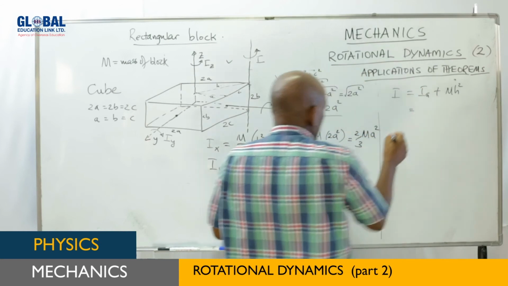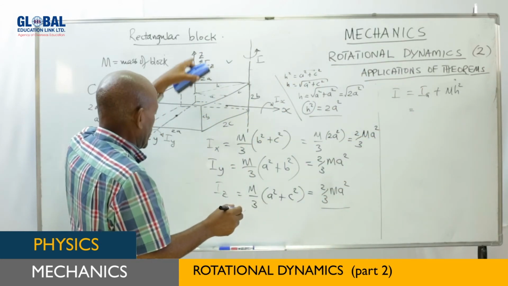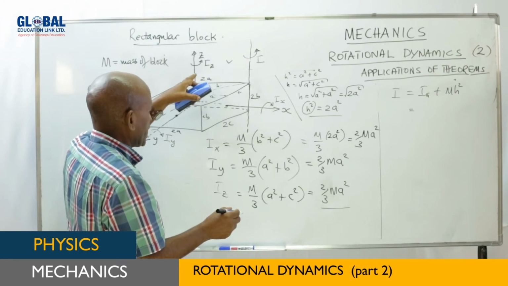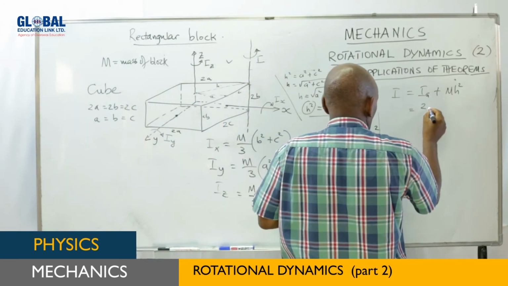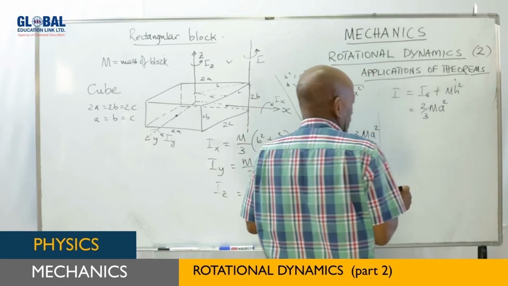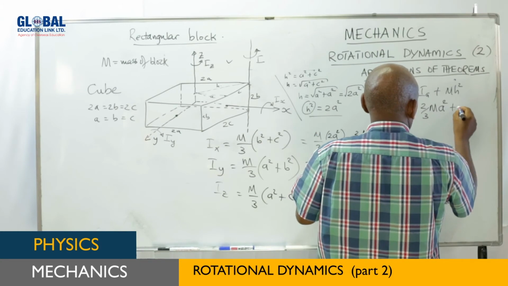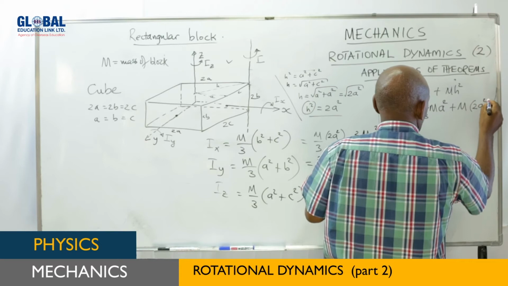Now the moment of inertia passing through G, that is the moment of inertia through the z-axis, if it is a cube, is equal to 2 over 3 times mass times the distance a squared. And h squared is equal to 2a squared. So we add m times 2a squared.